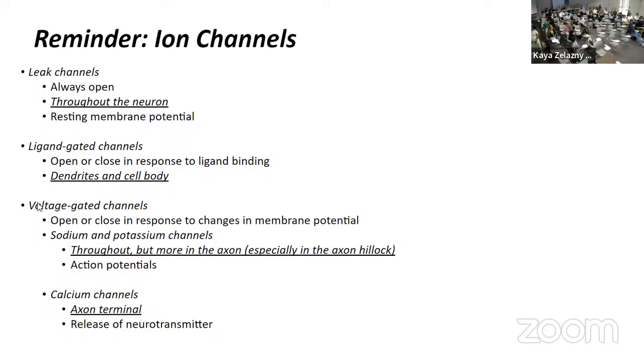Jumping down, we talked about a number of voltage gated channels as we were talking about our action potential. So we had sodium channels that open, allowing sodium to flood into the cell during the depolarization phase of our action potential. Voltage gated channels are why we care about getting to threshold, because the threshold is the number at which these voltage gated channels start to respond.